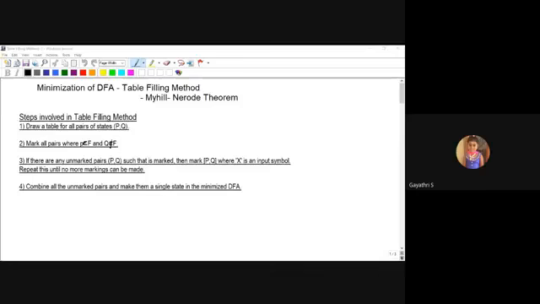And the last step: combine all the unmarked pairs. If any unmarked pairs are left in the table, combine them and make them a single state in the minimized DFA. That's how to minimize the given DFA through these four steps.